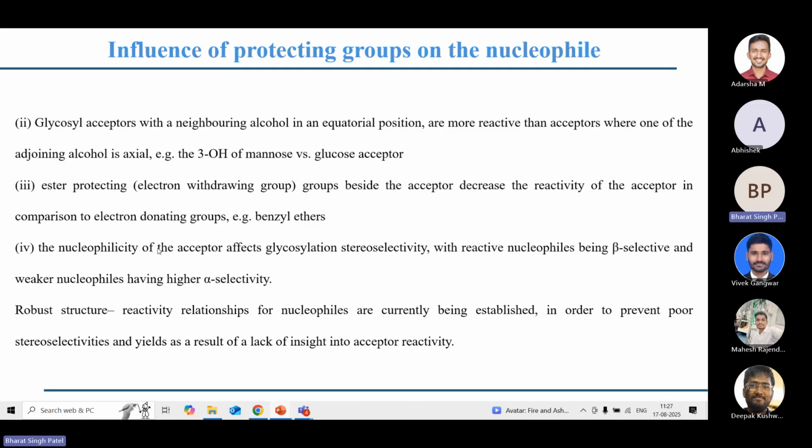And also the nucleophilicity of the acceptor affects the glycosylation stereochemistry. If the nucleophile is less reactive, that will give selectively either the alpha or the beta glycoside. So reactivity and the protecting group matter for the outcome of the glycoside products.